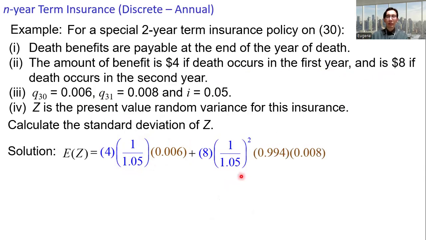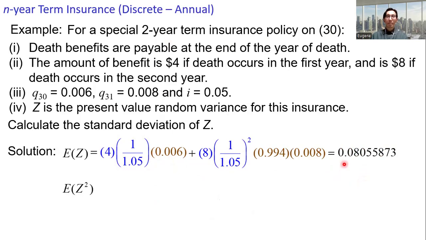The present value factor, nu squared, 1 over 1.05 squared. The probability that an individual dies in the second year is p_30, 1 minus q_30, times q_31. This is a 2-year term insurance, so we only have 2 terms here. Upon calculation, we get 0.08055.